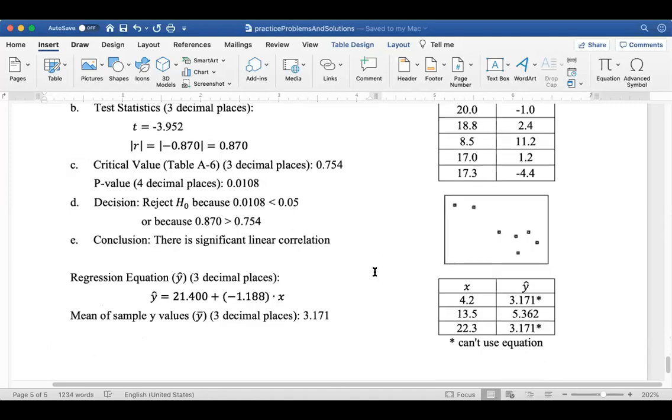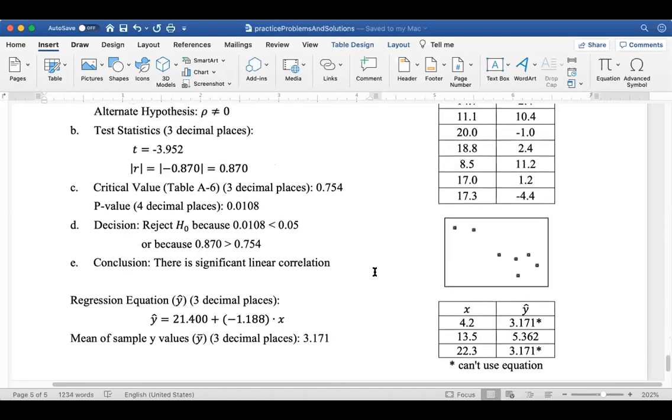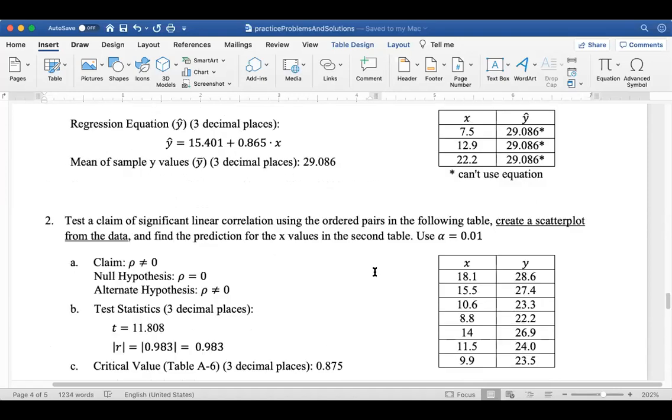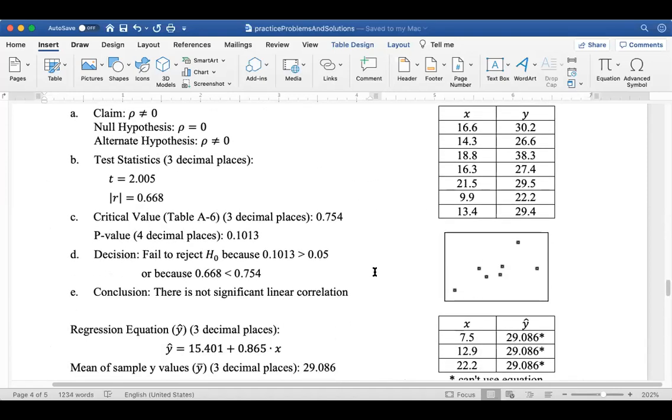And I would like for you to do these other 3 problems here. Basically, they're fairly simple, 7 ordered pairs, and just go through the notes, learn what you're going to do, know how to find the scatter plot, know how to run the LinReg t-test, know how to put the data into the calculator first, and then complete the steps in the test.